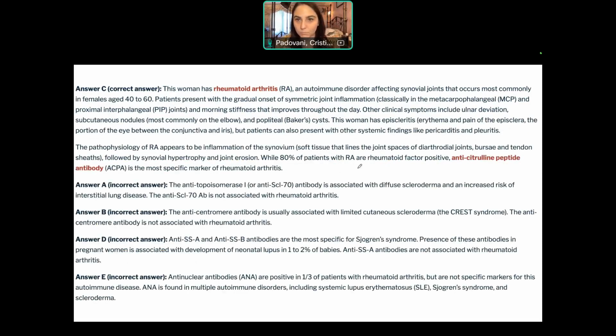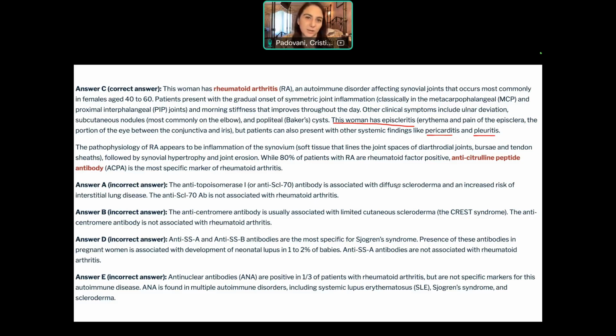What other things? The eye symptoms, I didn't talk about them, but this woman has episcleritis. This is erythema and pain of the episclera, the layer between the conjunctiva and the sclera. You can also have pericarditis and pleuritis. I know we talked about pericarditis and pleuritis briefly with lupus, but it's inflammation, right? You have this rheumatoid factor, an IgM antibody against IgG, just floating around.